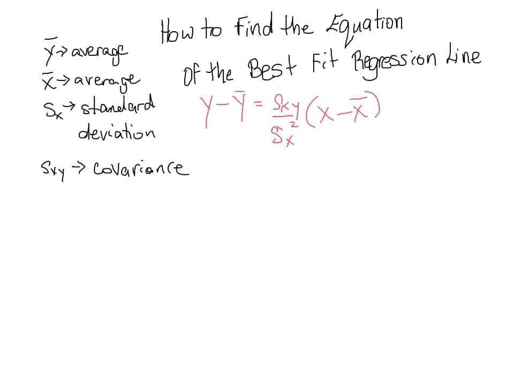And if you don't, you should definitely review the video before this one, the video on how to use Excel to find the correlation coefficient. So if you don't know how to calculate any of these values, you definitely need to look back at that video.